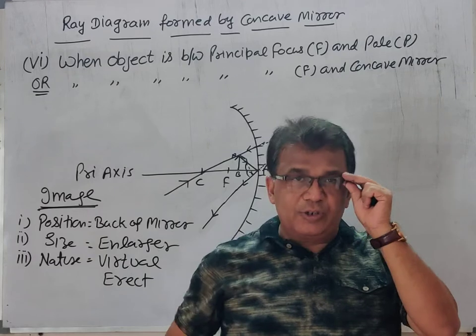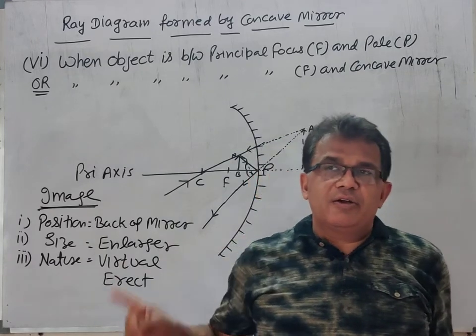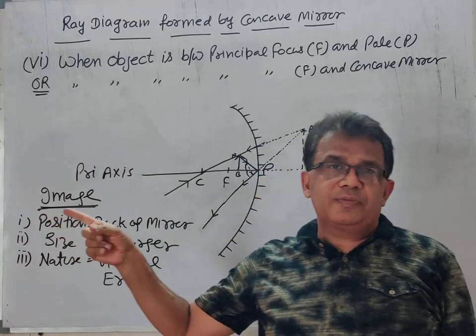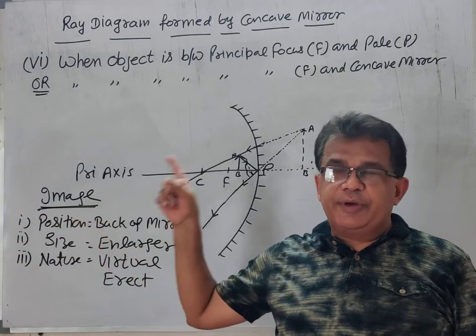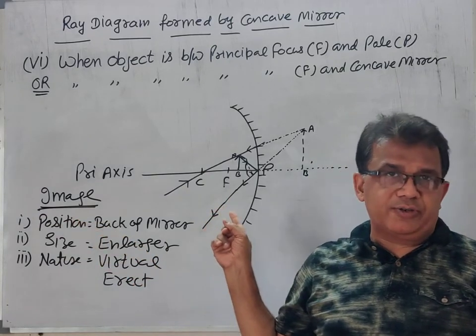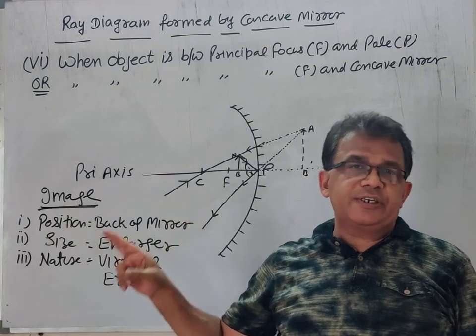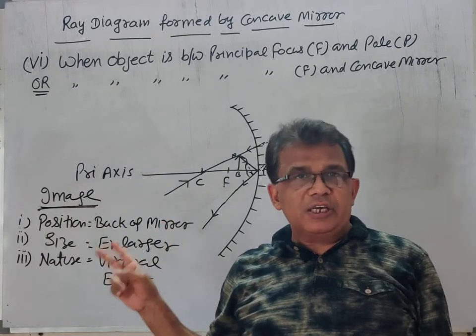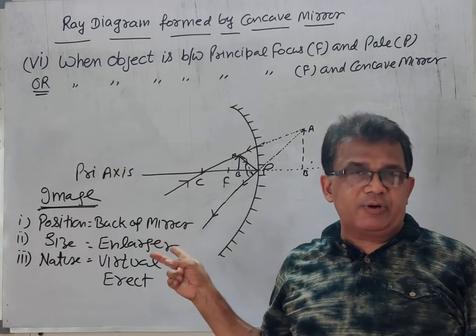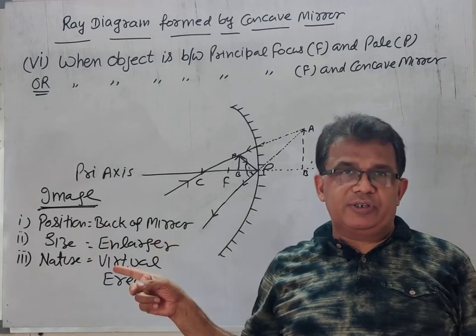So these are 6 positions. First, when the object is at infinity, the image will be formed at the principal focus. Second, when the object is between infinity and the center of curvature, the image will be formed between the principal focus and the center of curvature.